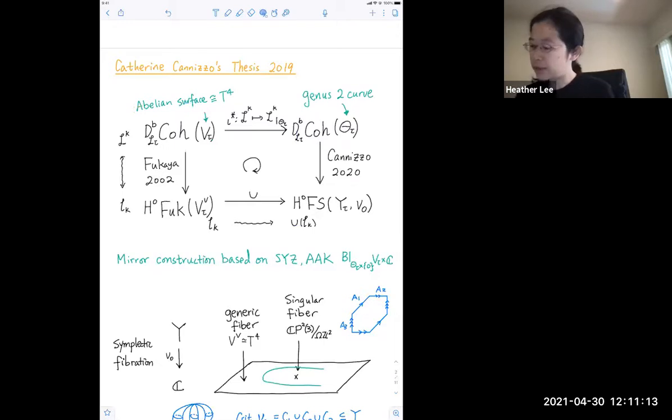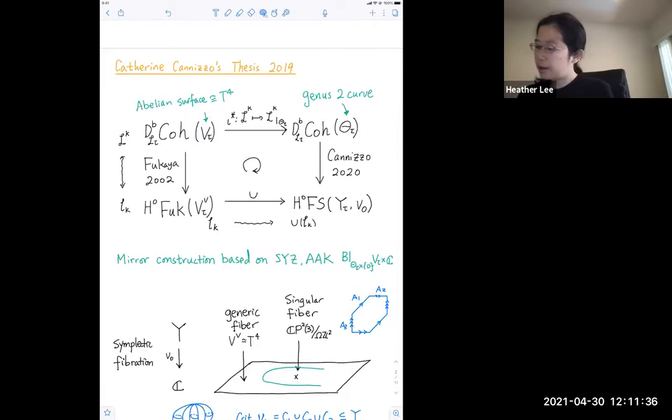For hypersurfaces in toric varieties, this generalized SYZ mirror symmetry is worked out by Abouzaid, Auroux, Katzarkov. There's a section in their paper that also explains hypersurfaces in abelian varieties in this SYZ construction.